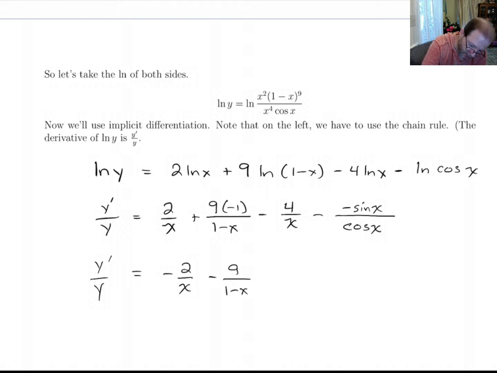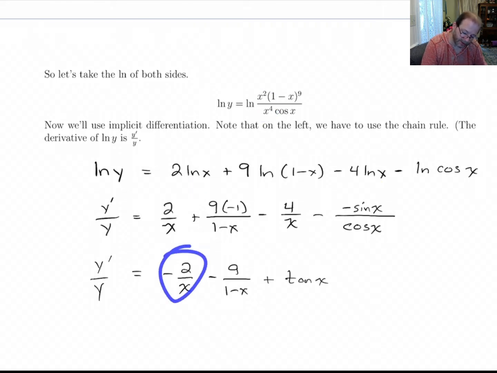And then this last term here becomes plus sine over cosine, which is tan. Notice we combine these two to get this. If we started out, we could have canceled the x squared and the x to the fourth and just been left with an x squared on the bottom. And if we had canceled that before we expanded, it would lead us to the same thing here.